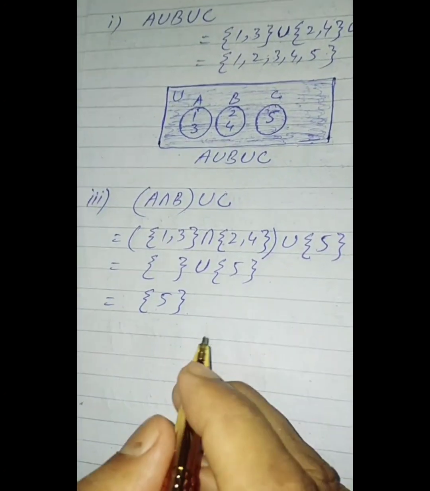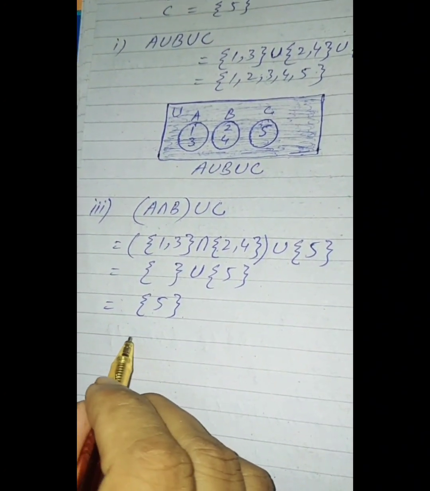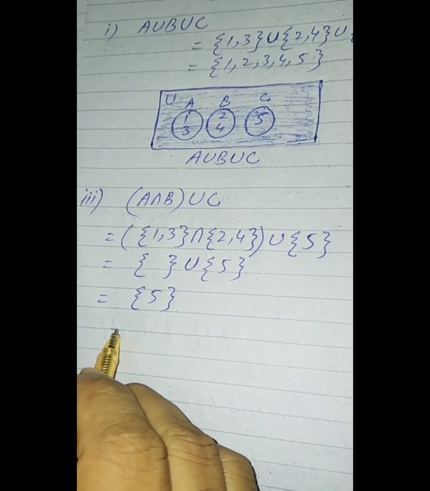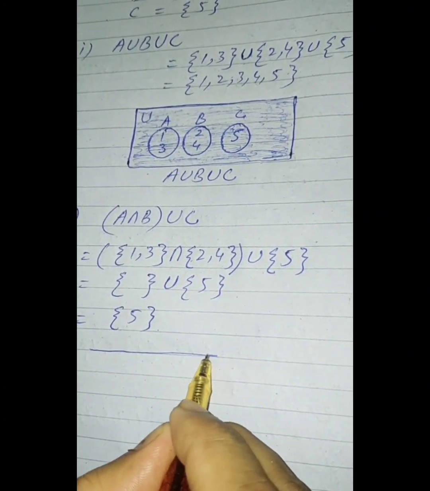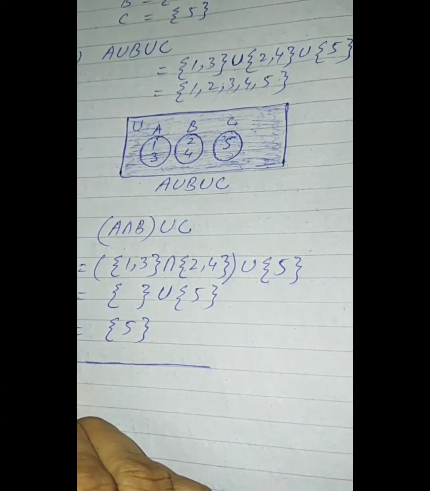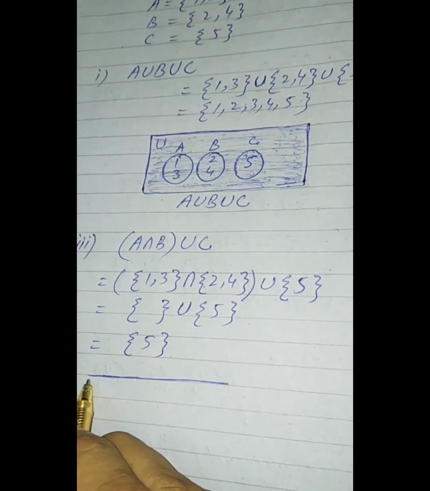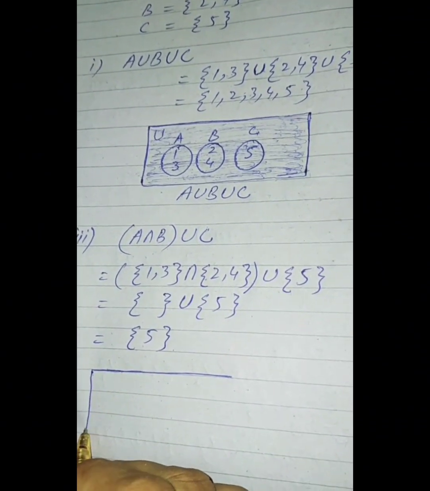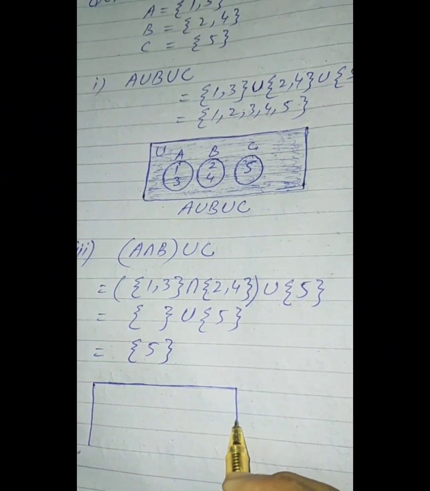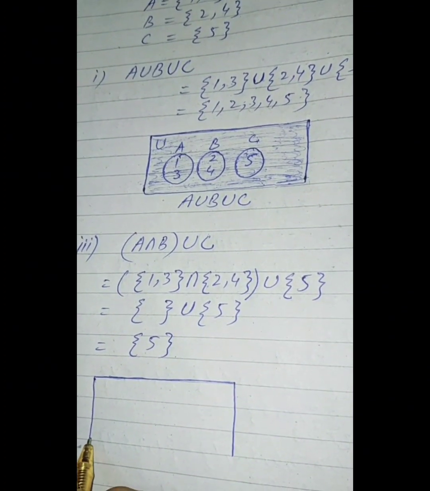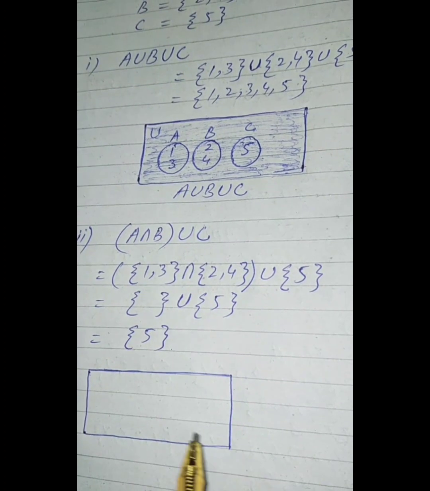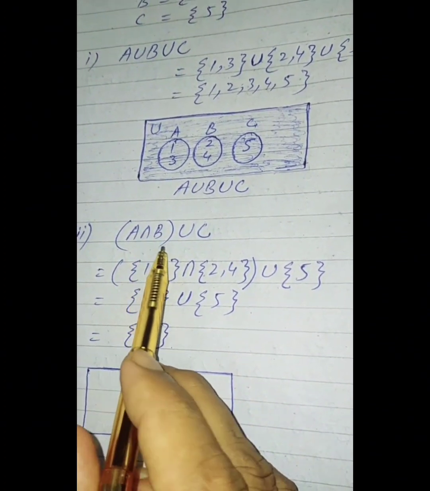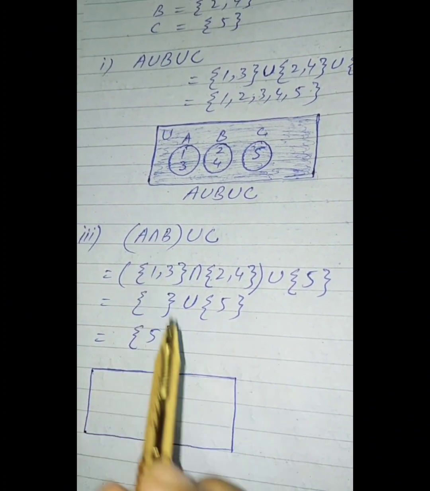Now if we want to represent them by a Venn diagram, we can split it into two steps. The first diagram is for the bracket. Clear?